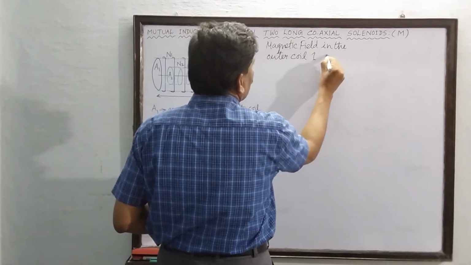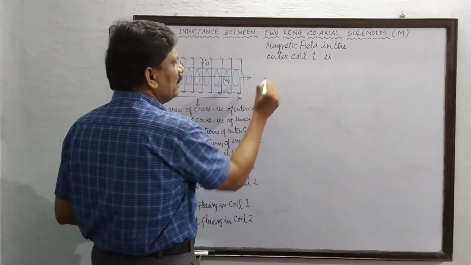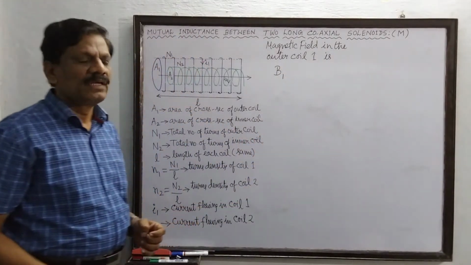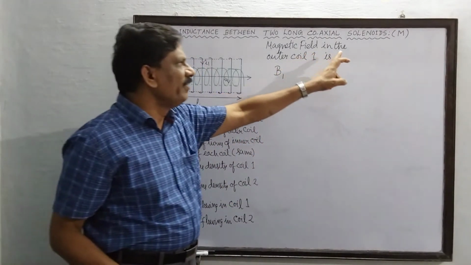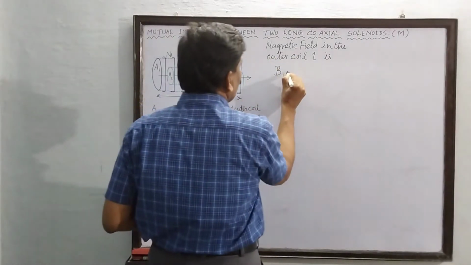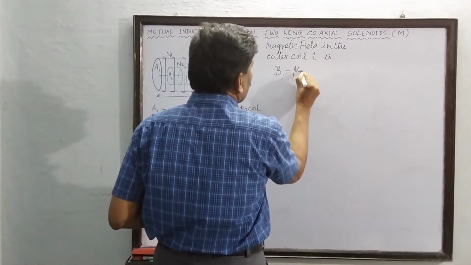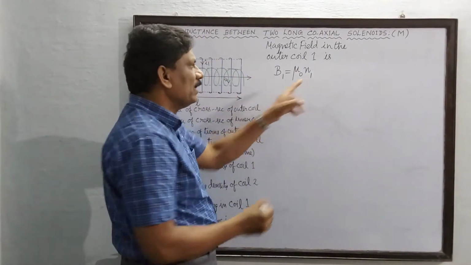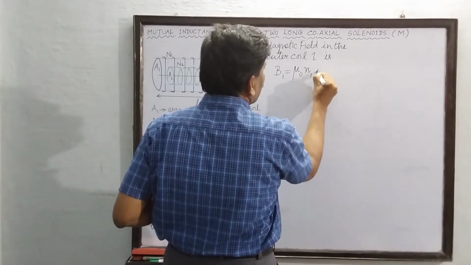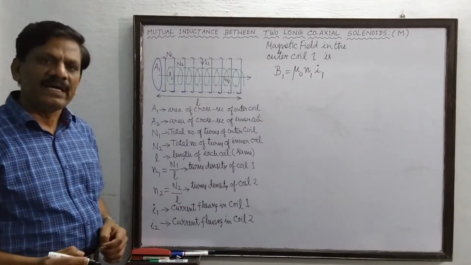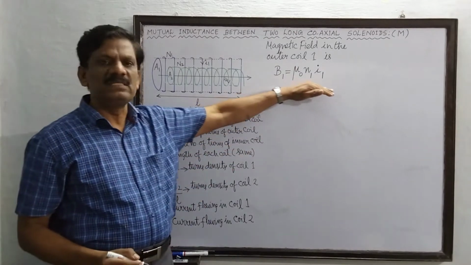This is denoted by the symbol capital B suffix 1. So B1 is the magnetic field along the axis of the outer coil, and this is equal to mu naught into the number of turns per unit length small n1 into the current flowing in the first coil, that is I1. So we have to begin with this equation only.